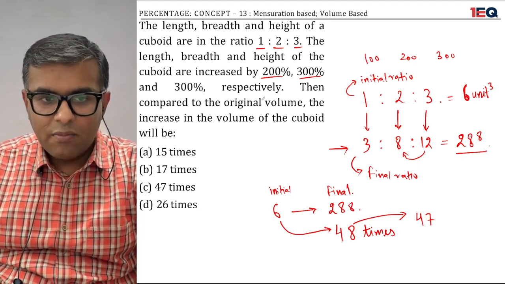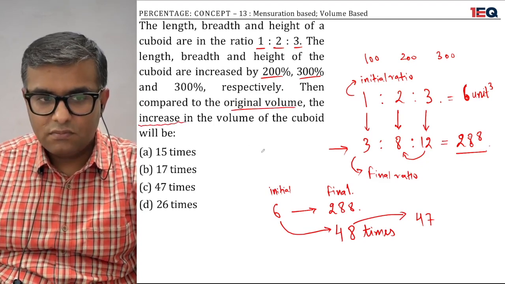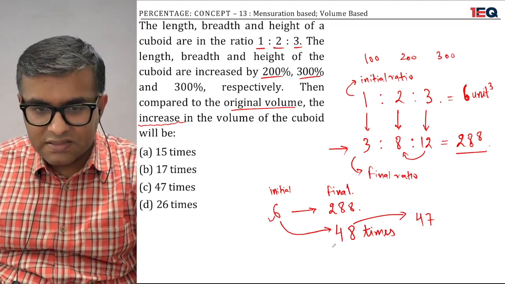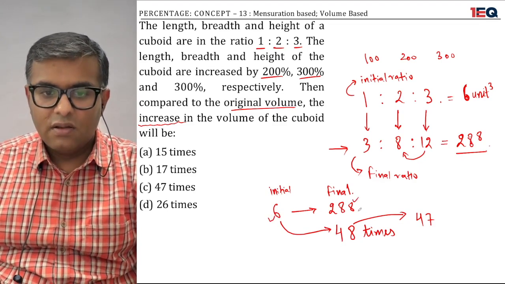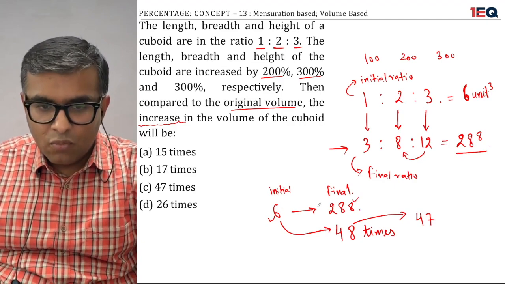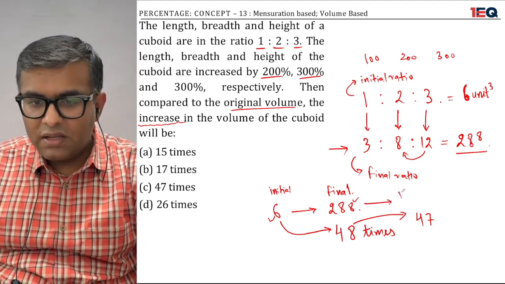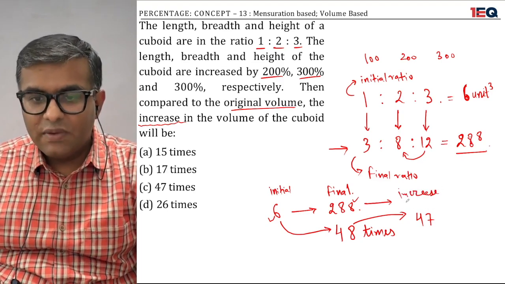Here it says compared to the original volume, the increase. This is the original one and this is the final one. Okay, if I remove the initial from the final, that would give me an increase.